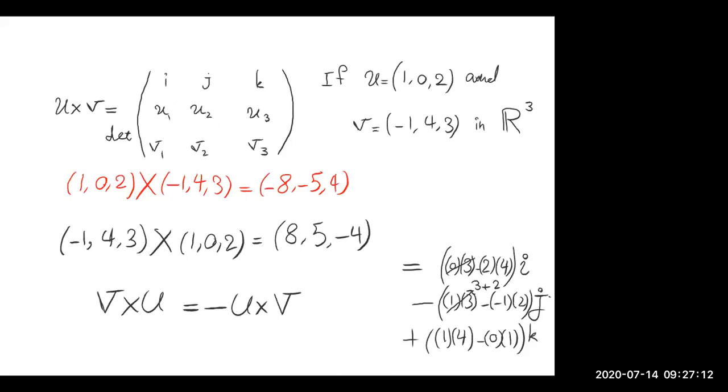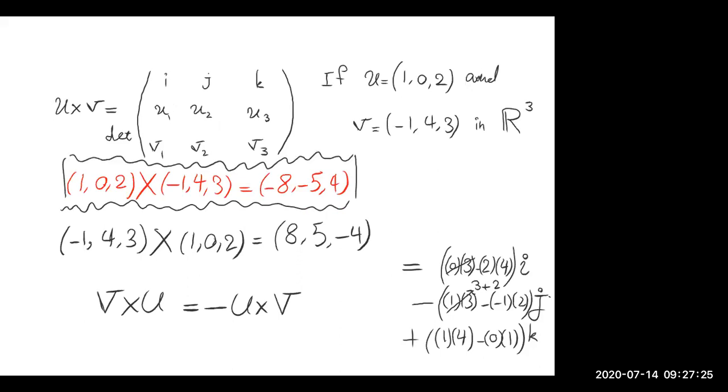On this page, we computed the cross product of these two vectors by computing the determinant. I just erased it. We did it carefully. It was a 3 by 3 matrix. I computed the determinant. That was the answer. I'm just writing the final answer. Okay.